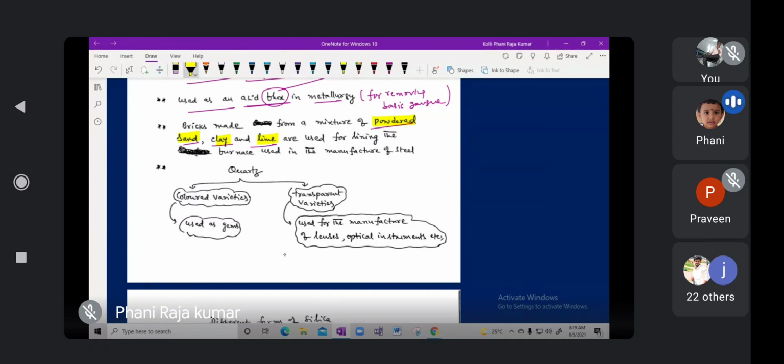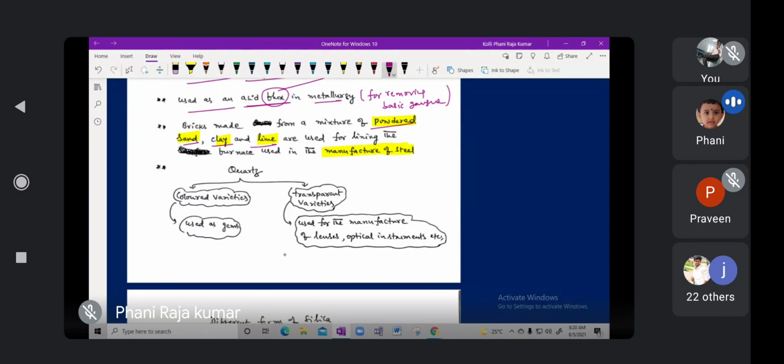Because in the different furnaces we are using, we are maintaining very high temperatures. In some cases, under those high temperatures, there is a chance of damage to the furnace. That's why we have to protect the furnace. For protecting it, the inner part of the furnace is lined with high melting solids.